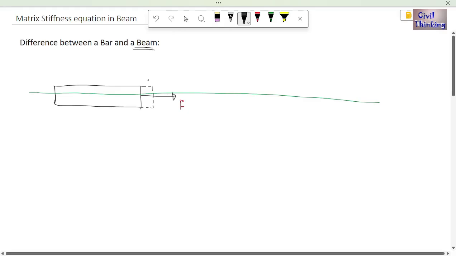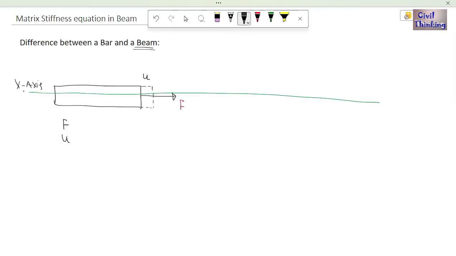So there is only one deformation, along the x-axis. Suppose this is the x-axis, and the deformation along it is u. So we have only one force present, and only a single displacement u along the x-axis.